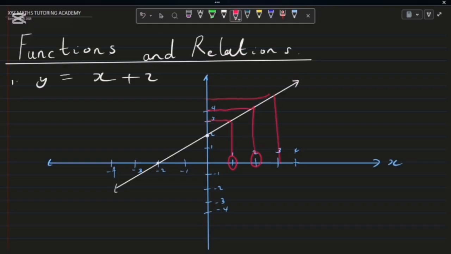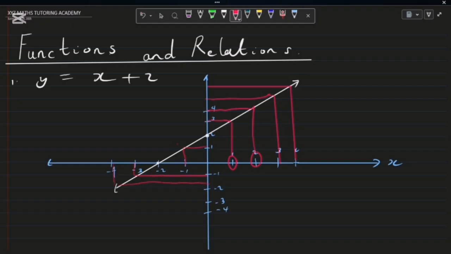The same can be demonstrated on the other side: this one is one y value, that one is one y value, and this one as well.